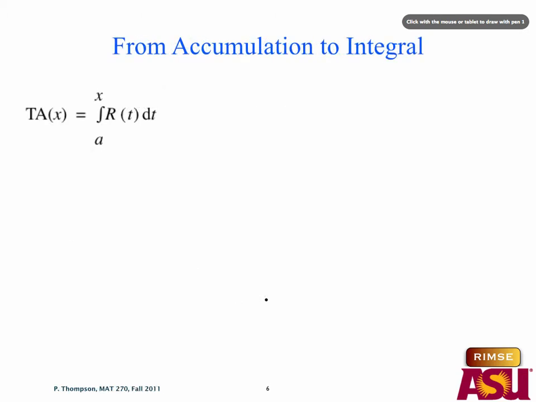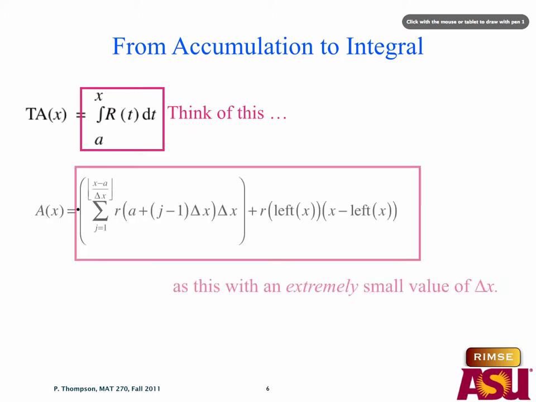Once again, when you see this, I'm writing TA to mean true accumulation. You should think of the right-hand side, the integral notation, as this whole summation expression with extremely small values of delta x. Does anybody want to ask questions about this so far?